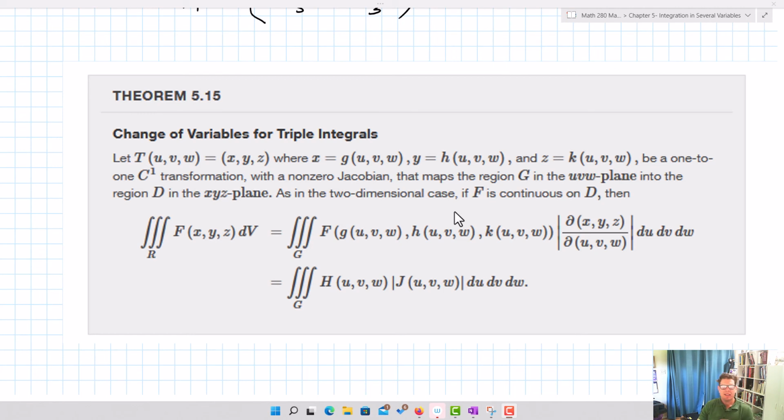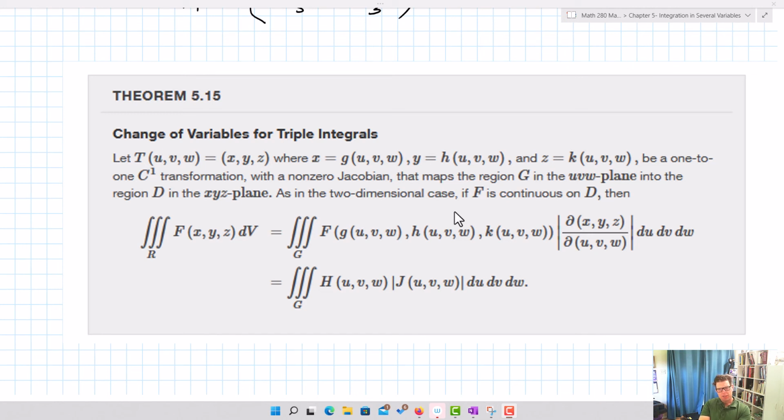So basically, if we let T of u, v, w equal x, y, z, where x is equal to g of u, v, w, y equals h of u, v, w, and z equals k of u, v, w, and it's a 1-to-1 C1 transformation with a non-zero Jacobian that maps the region G in the uvw space into the region D in the xyz space.